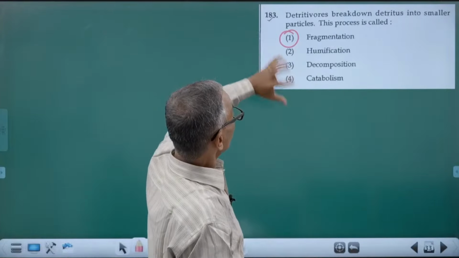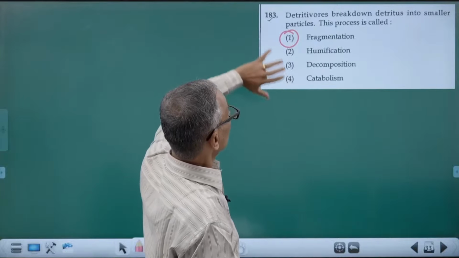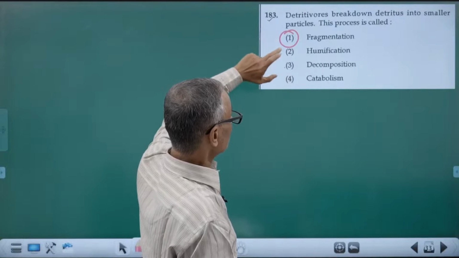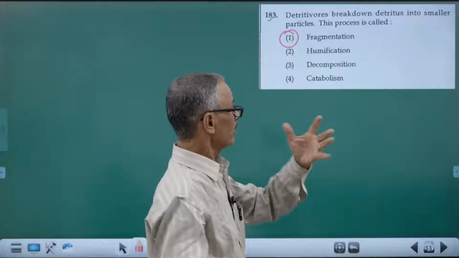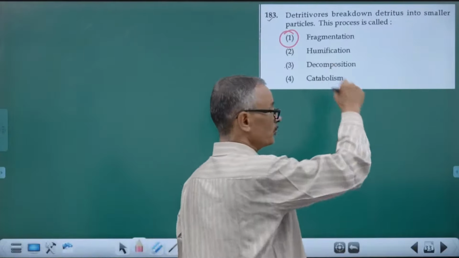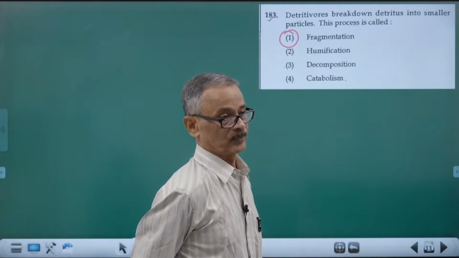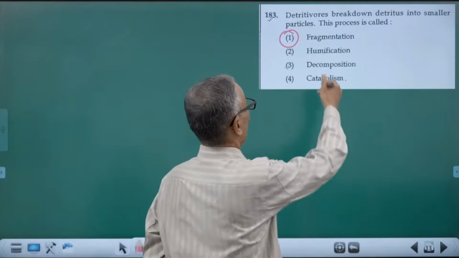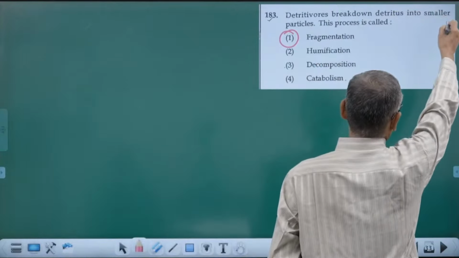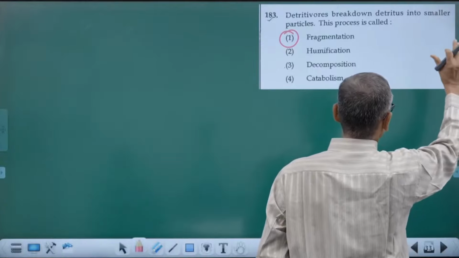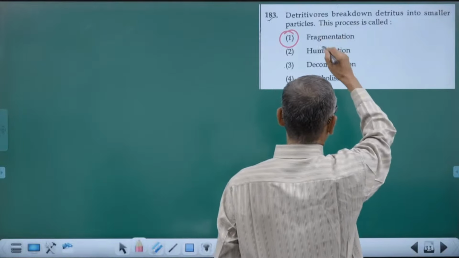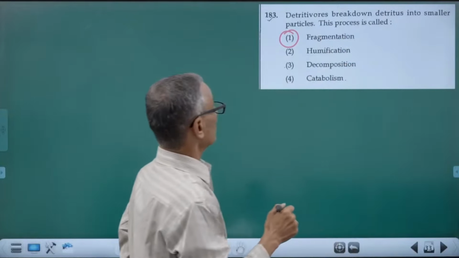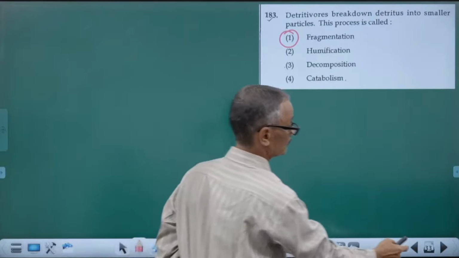Decomposition is the overall process which consists of fragmentation, humification, catabolism, leaching, etc. Catabolism is an enzymatic process. And here large sized particles convert into small sized particles. That is fragmentation.